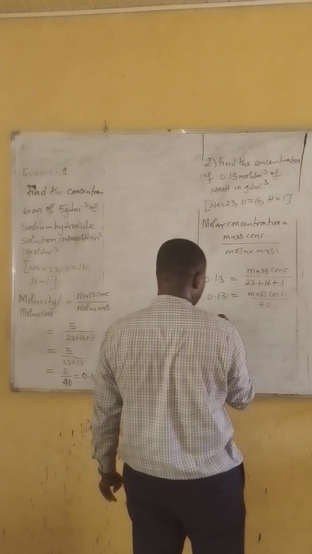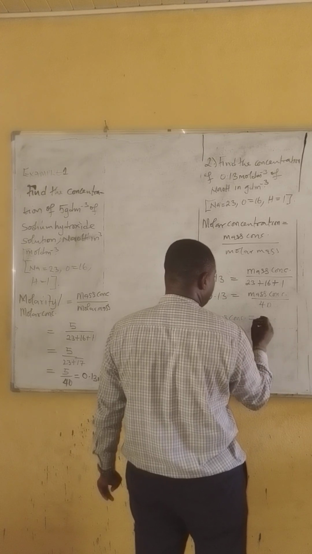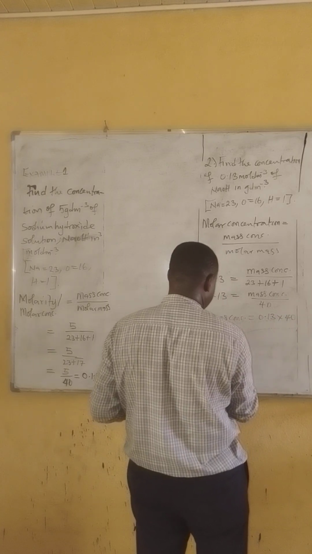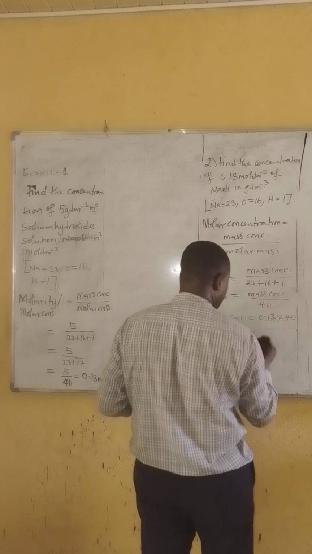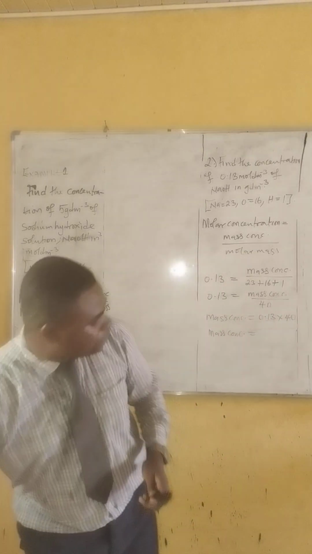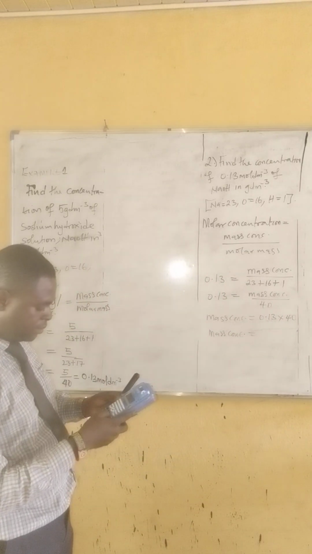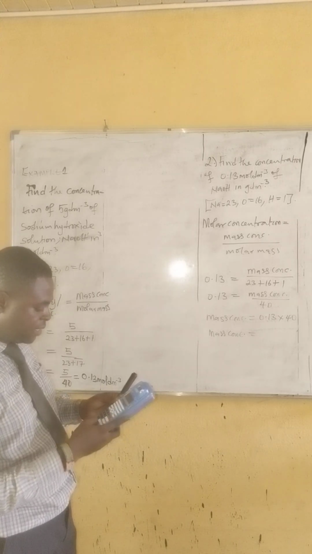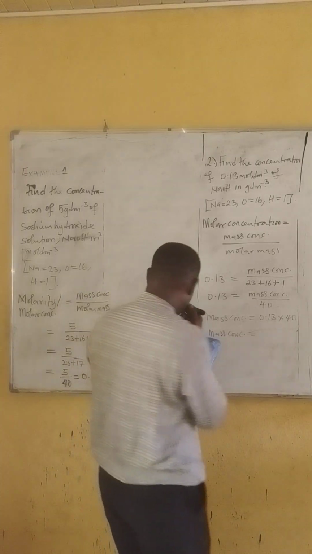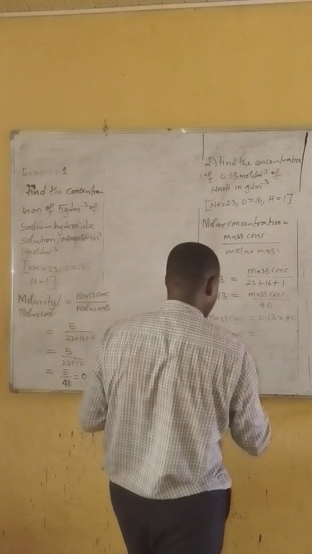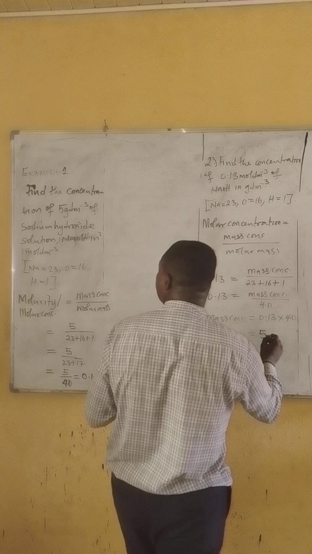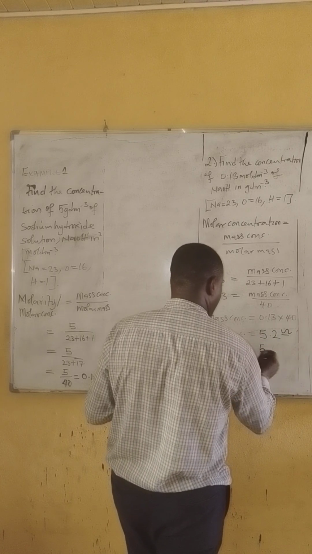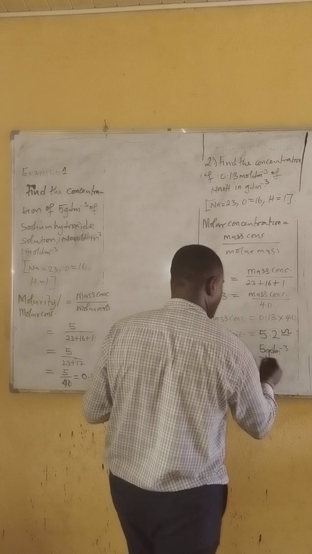So what do we do? Cross multiply. Mass concentration will now be 0.13 times 40. And our answer is 5.2, which is approximately 5 gram per dm³, which is what we have here.